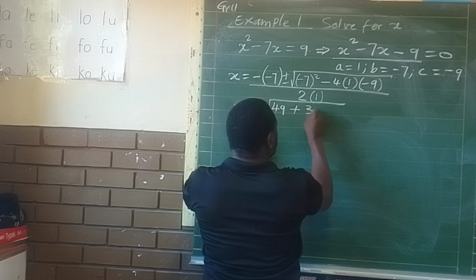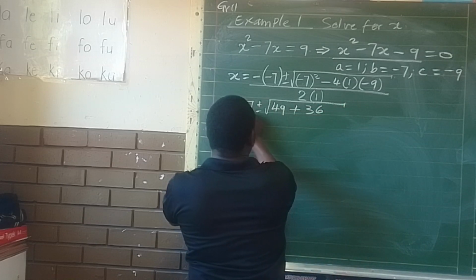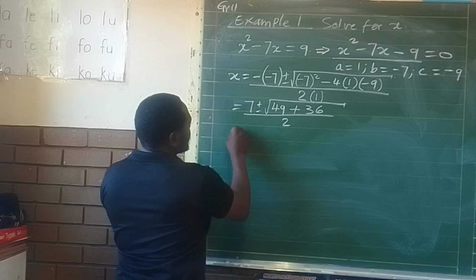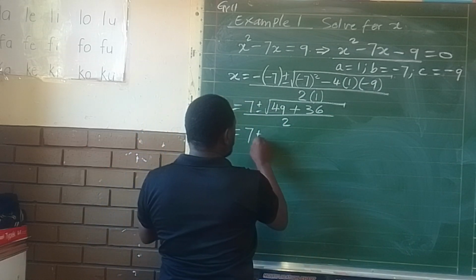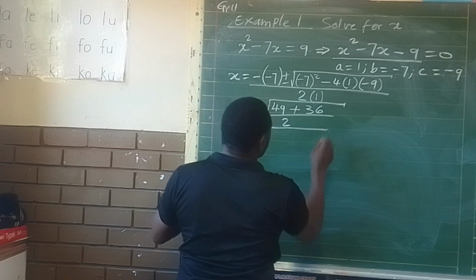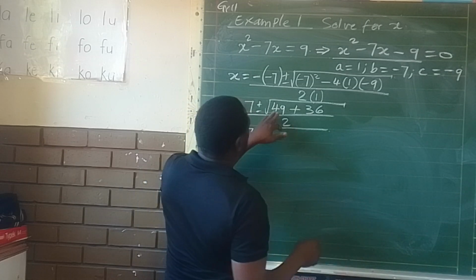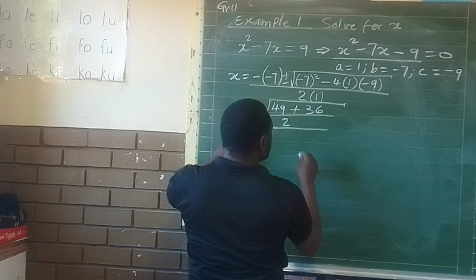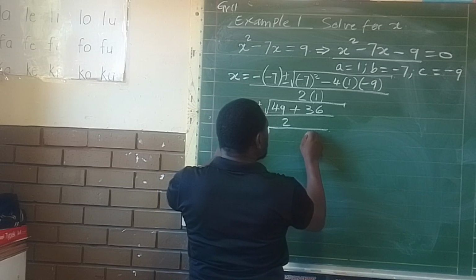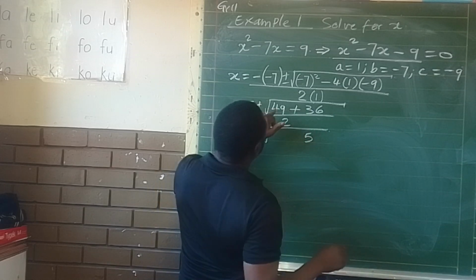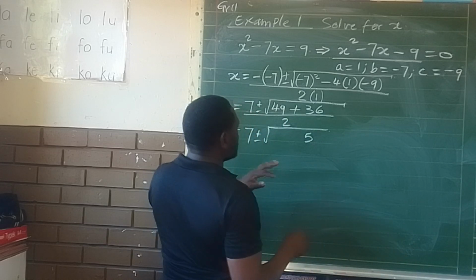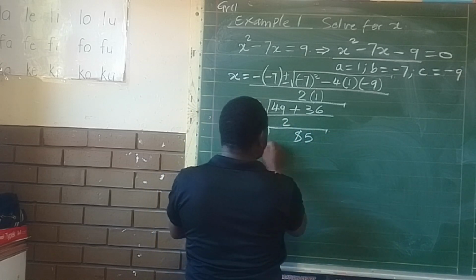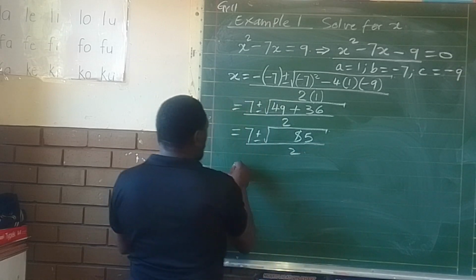It's plus 36 all over 2, which is 7 plus or minus the square root of, now we add this, 49 plus 36, which is 85. Square root of 85 over 2.